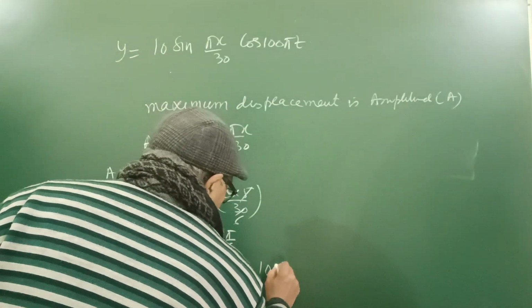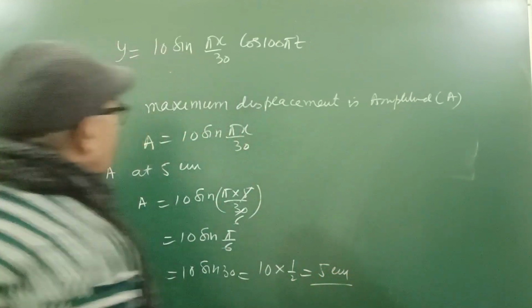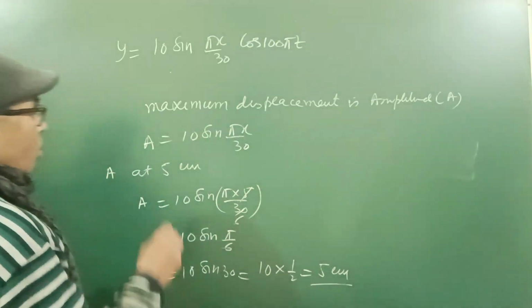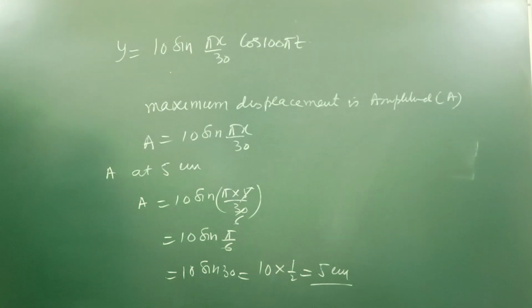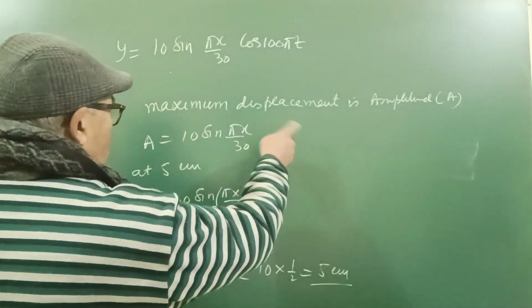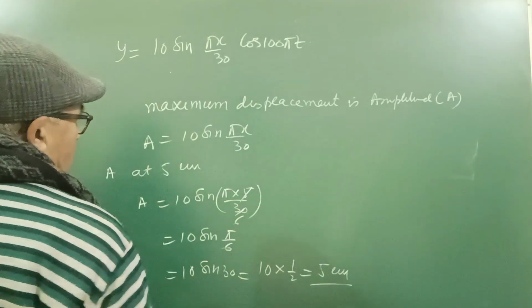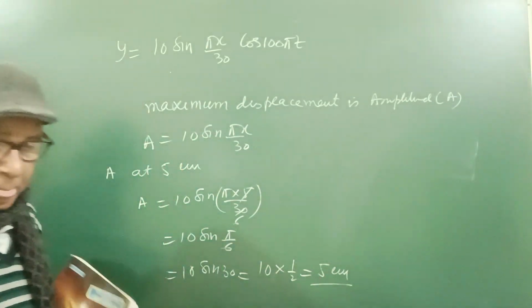So 10 into 1 by 2 is 5 centimeter. Maximum amplitude we can't say is 10. Where will 10 be? At x equal to lambda by 4, like that. But at 5 centimeter it is 5 centimeter. Okay.